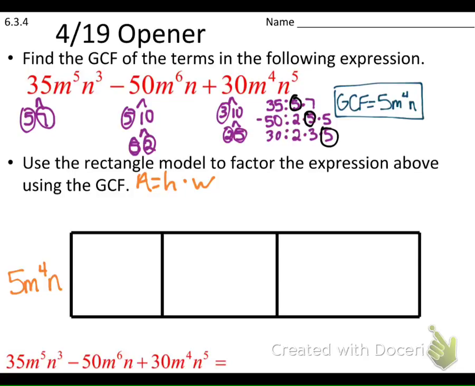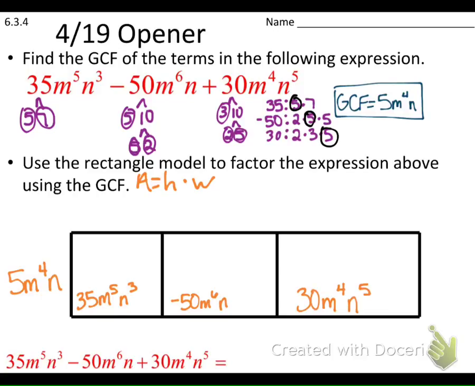Now I'm going to go ahead and plug in the areas that they've provided for me into the third, -50 m to the 6th n, and 30 m 4 n to the 5th.